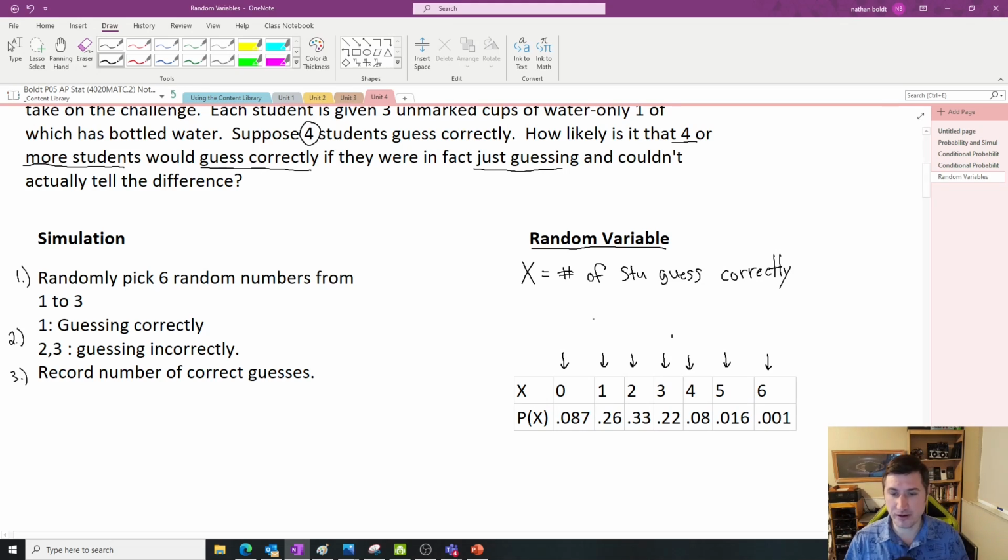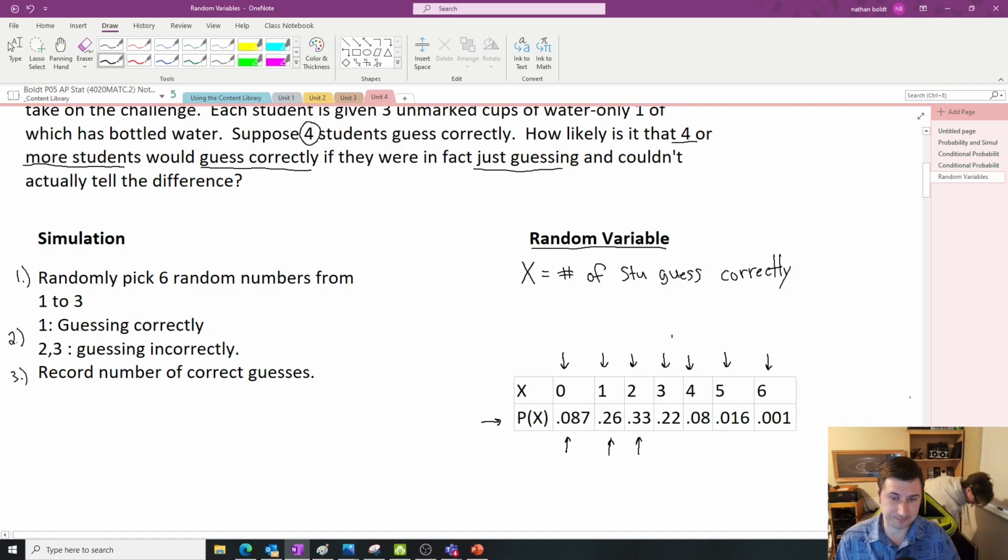We have our discrete variable, and then we can calculate the probability of each of these outcomes happening. Okay, so what is the probability that 0 people would get this correct? All right, so 0 people get it correct. There's an 8% chance that they all get it wrong. There's a 26% chance that only one person gets it right. 33% chance that 2 people get it right, and so on and so forth.